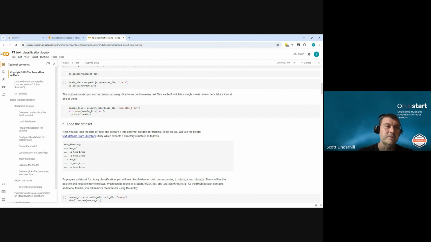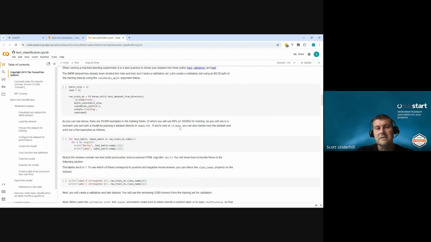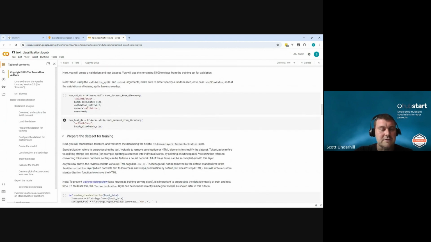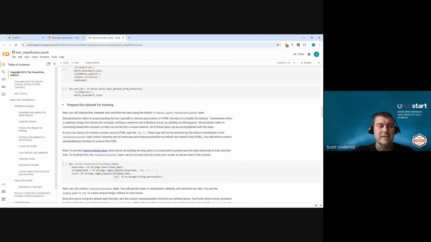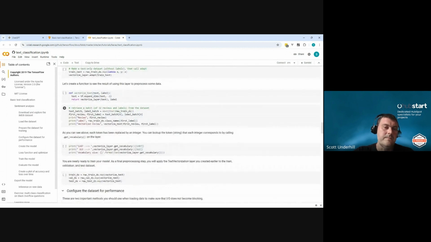The examples straight off the TensorFlow website are sentiment analysis. So it's pulling out not only the classification, but the sentiment, aggressive, frustration, all those kinds of emotional aspects as well.